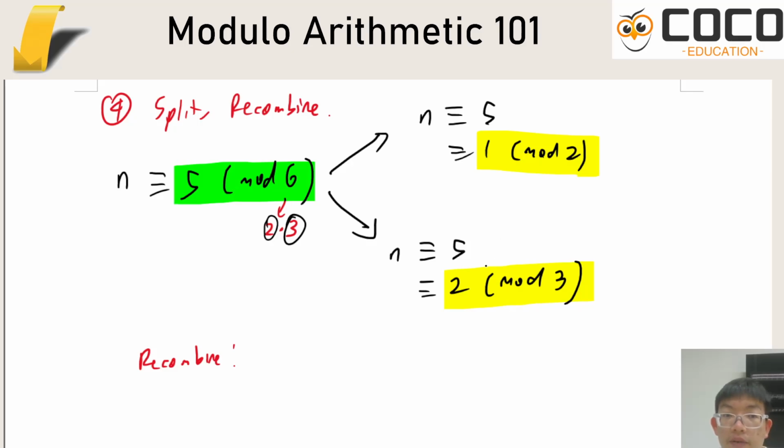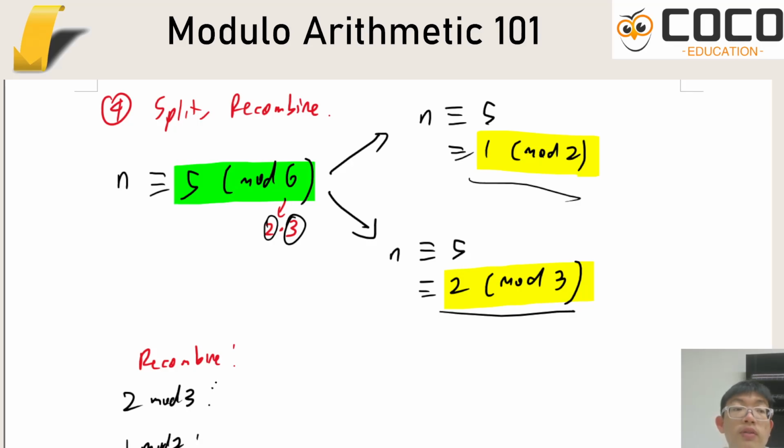Let's say that I'm looking for a number that is 2 mod 3 and 1 mod 2, then I can list out one of them until it satisfies the other one. So 2 is 2 mod 3. That's not 1 mod 2. The next thing that's 2 mod 3 is you add 3, you get 5. Now, is 5 also 1 mod 2? Yes.